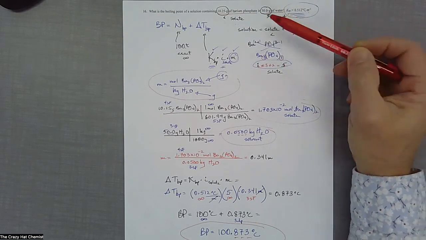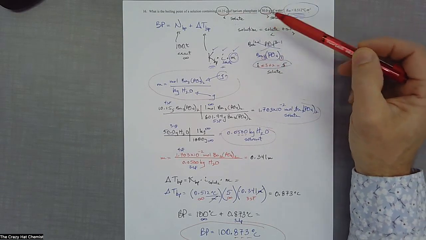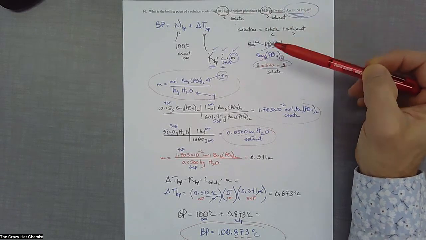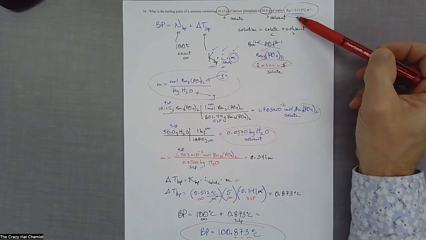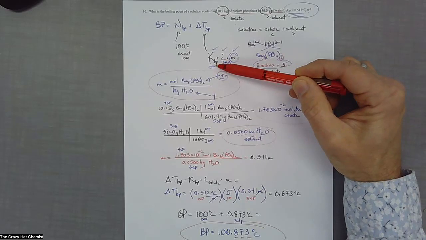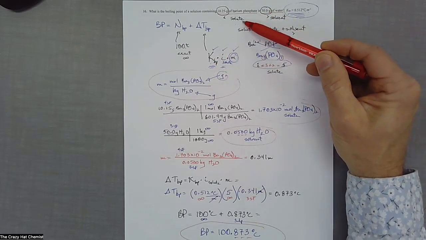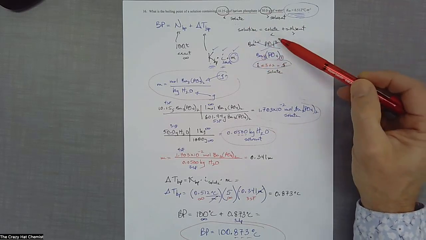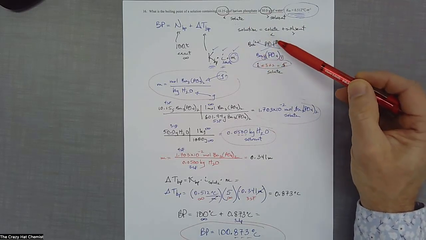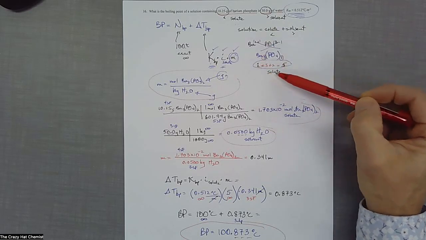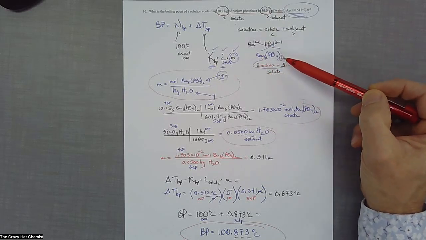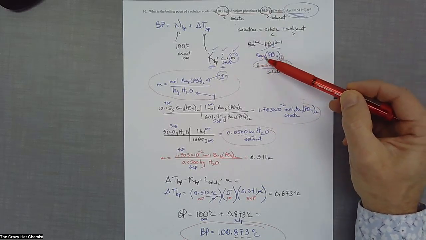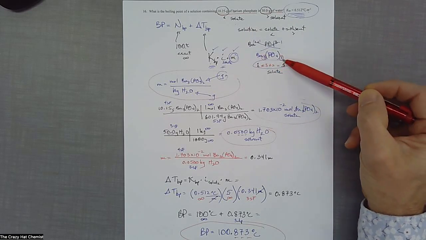So that tells us what our constant is, and our constant is based on the solvent. From the solute, we will acquire our Van 't Hoff factor, which is the number of particles in solution, which is the number of cations, 3, plus the number of anions, 2.